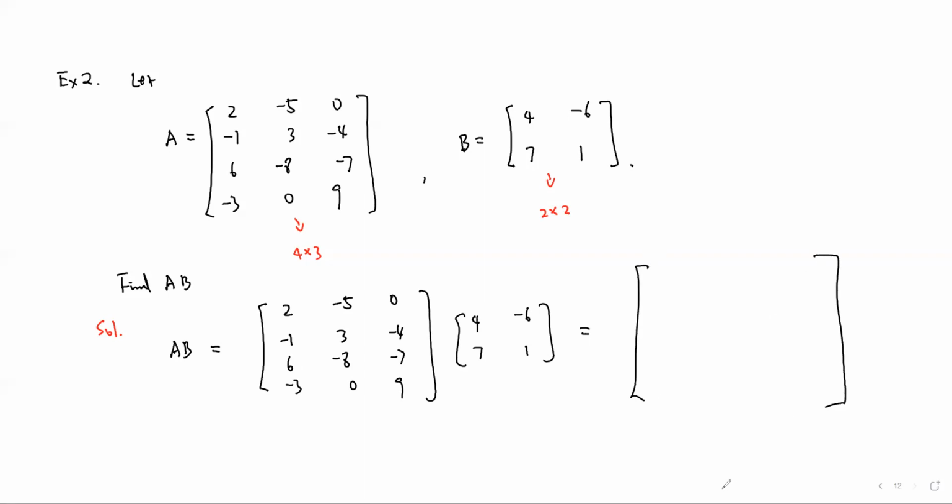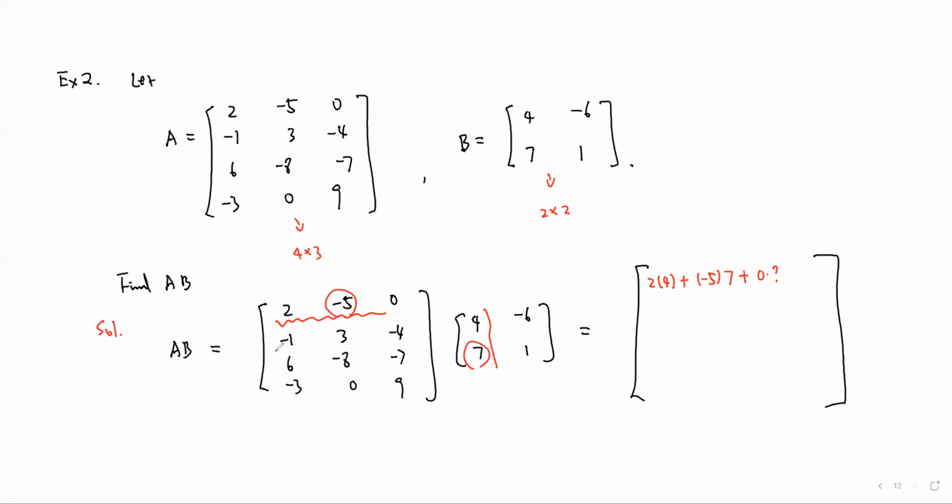By the row-column formula, the 1-1 entry should be row 1 times column 1. Let me try. 2 times 4, plus -5 times 7, and then plus 0 times nothing. How about the 2-1 entry?